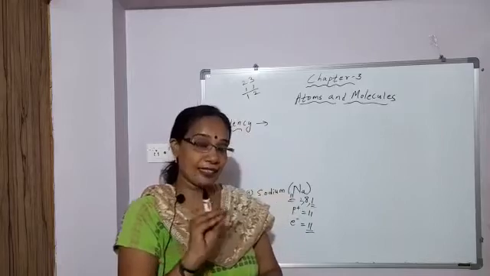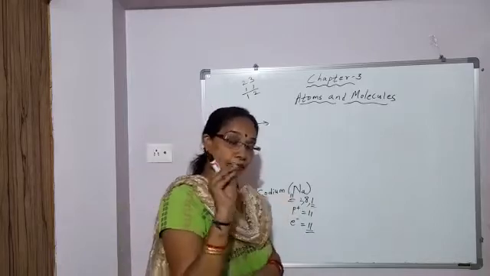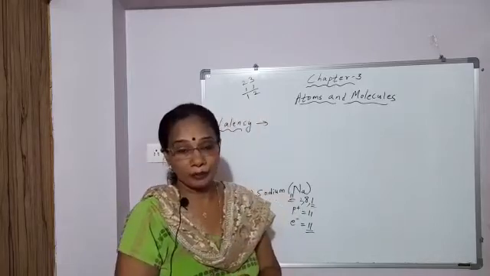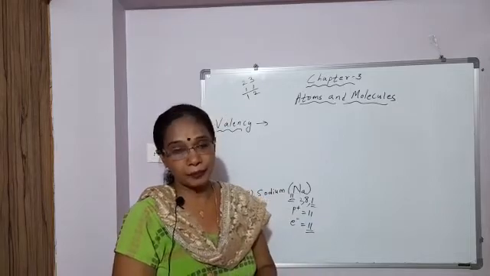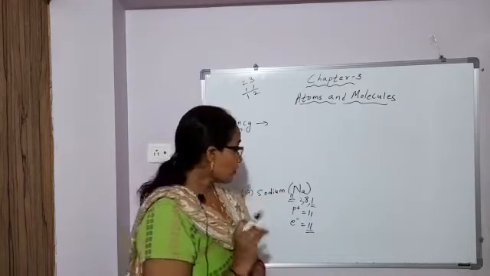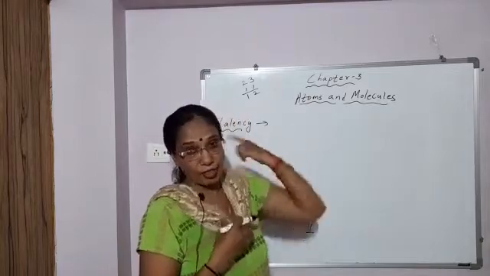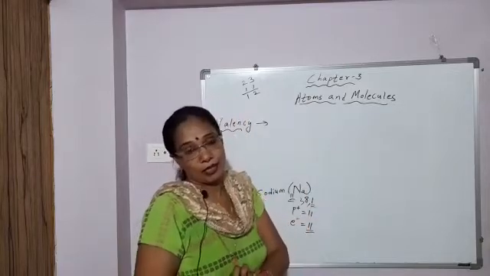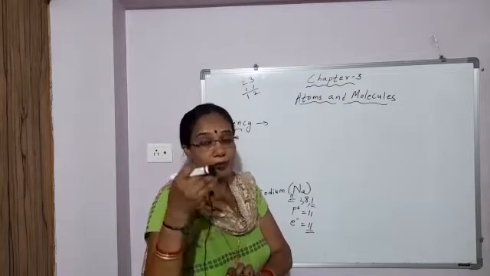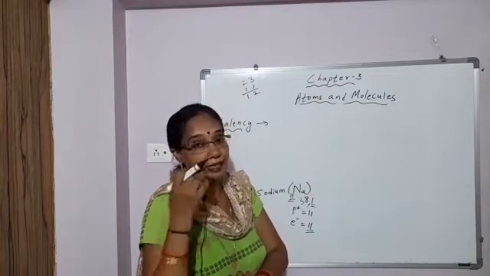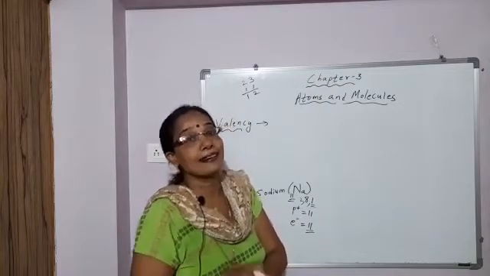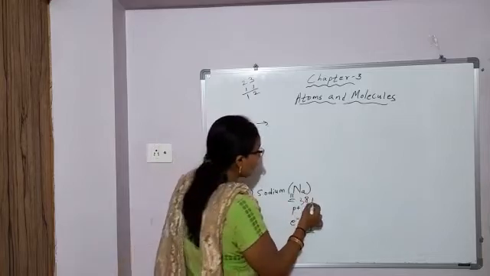And these noble gases are unreactive. They are inert. So all the atoms try to attain the electronic configuration of its nearest noble gas. And for sodium, atomic number 11, its nearest noble gas is neon, atomic number 10.